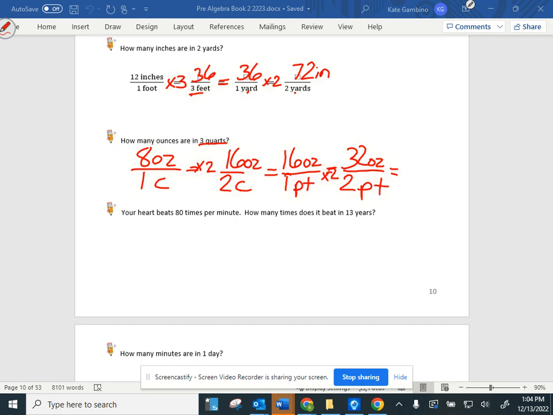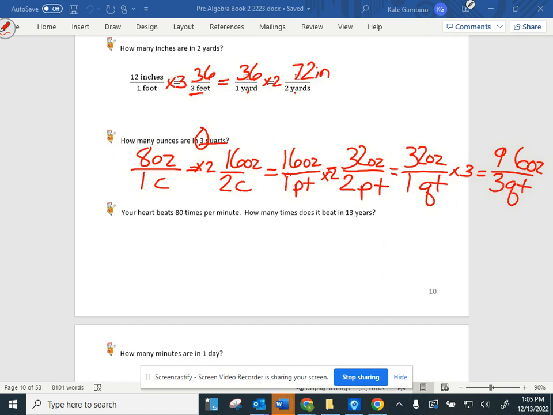Now I need to go to my quarts. 2 pints equals 1 quart. So 32 ounces equals 1 quart, but I need 3 quarts. So now I'm going to multiply it by 3 to get my 3 quarts. So 32 times 3 is 96 ounces.